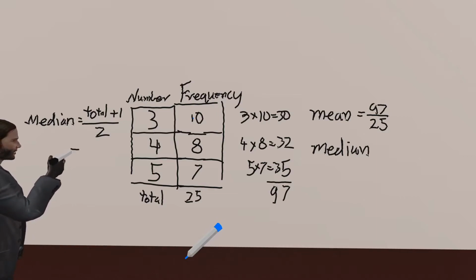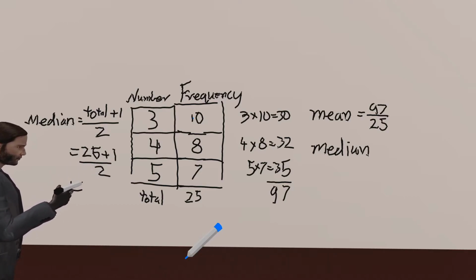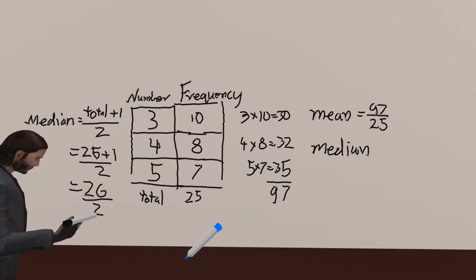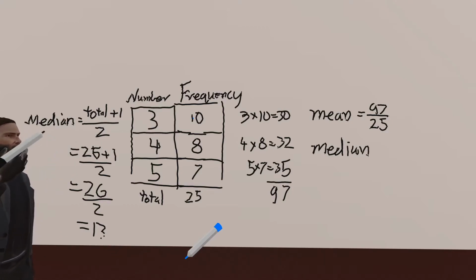So that gives us 25 plus 1 divided by 2, which is 26 divided by 2, which is just 13. So that means that the 13th piece of data is our median.